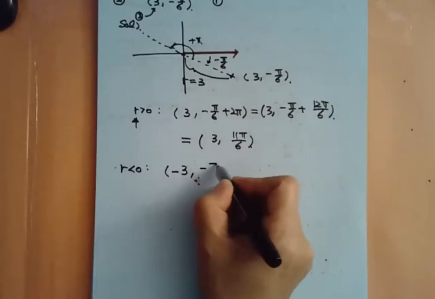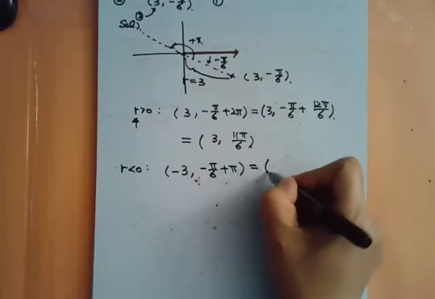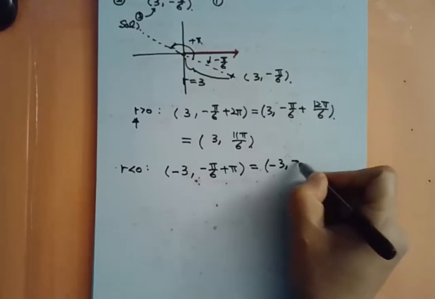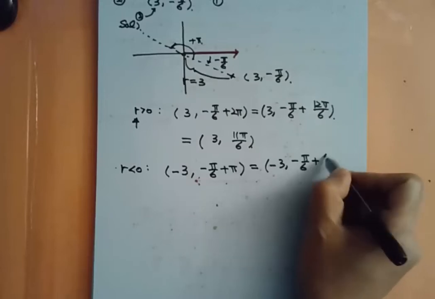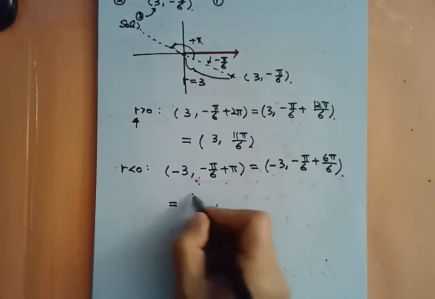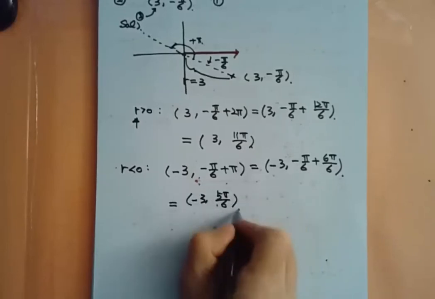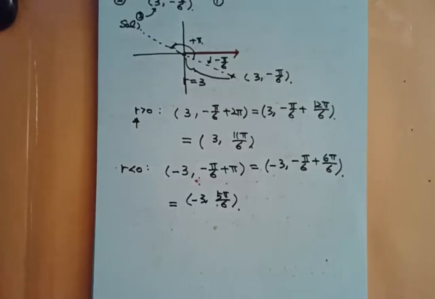So minus pi over 6 plus pi equals minus 3 and minus pi over 6 plus 6 pi over 6. So that becomes minus 3 and 5 pi over 6. So any question?